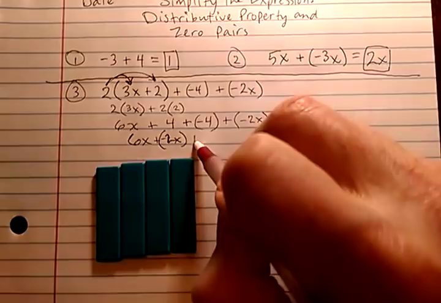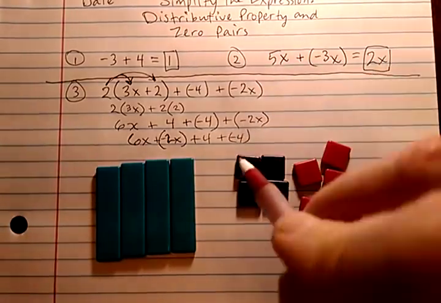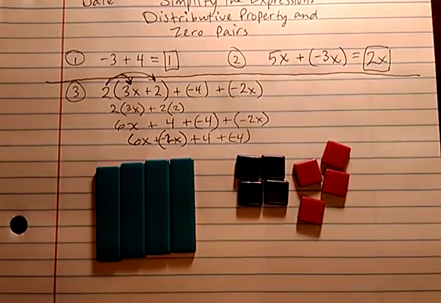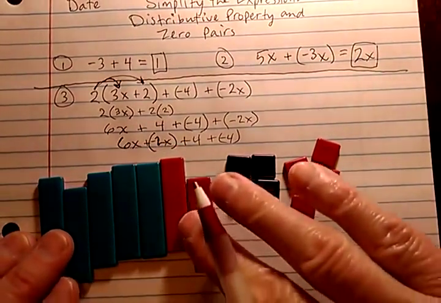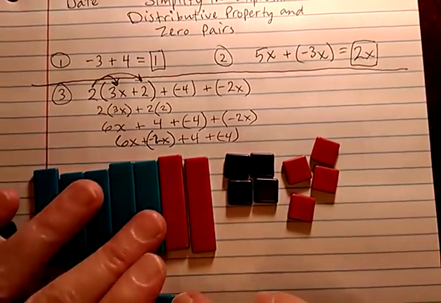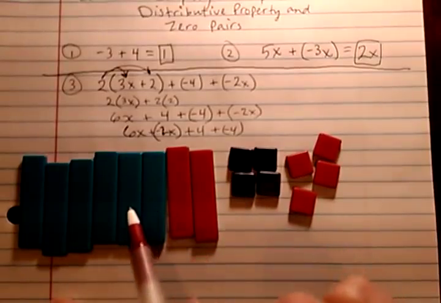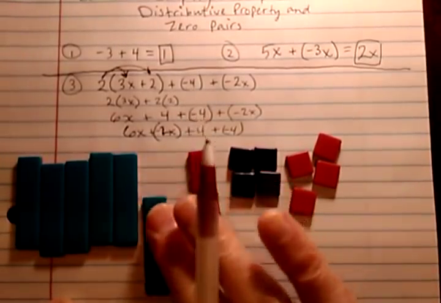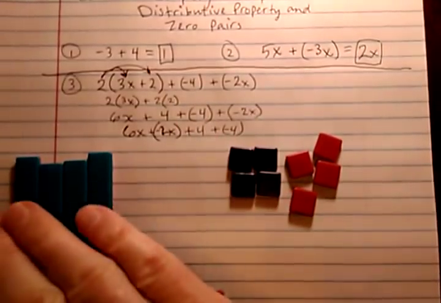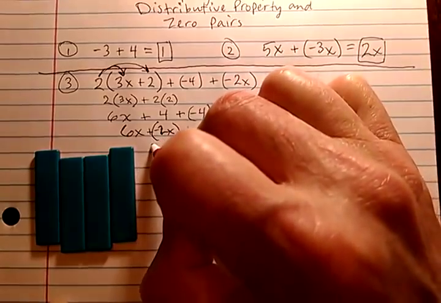And then we had the positive 4 plus the negative 4. Okay, so when we did that, I'll put it back again so you can see it. When we did that, we had our 6x, 1, 2, 3, 4, 5, 6, plus our negative 2x. We did the zero pairs, those go away, and we're left with 4x, because 6 plus negative 2 is 4, right?